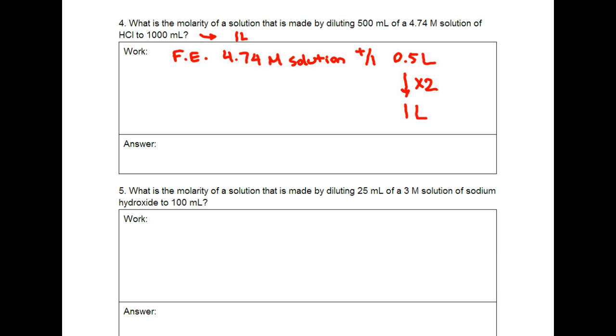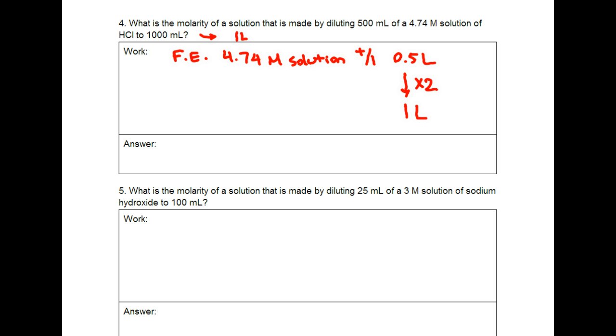Now here's the only tricky part. When you have a certain molarity, which is 4.74 in 0.5 liters, if you're adding water, you're watering it down. And you're adding water at a rate of multiplying by 2. So if you're adding more water, then the concentration should be going down, which is what we showed today. When the liters go up, the molarity should go down.